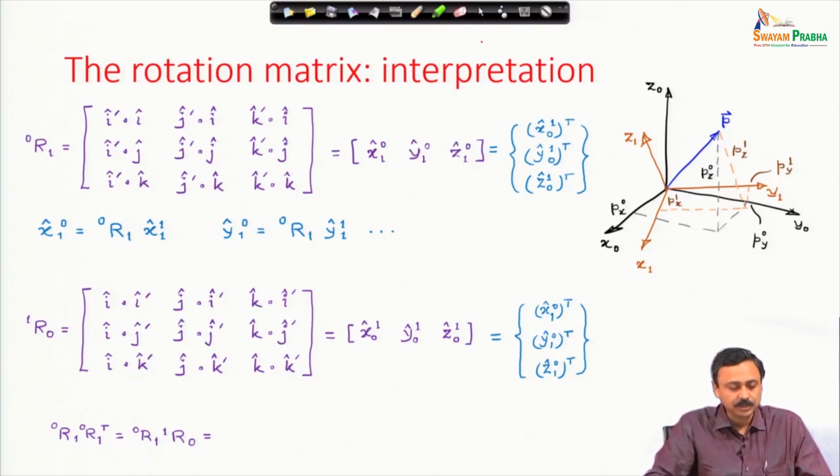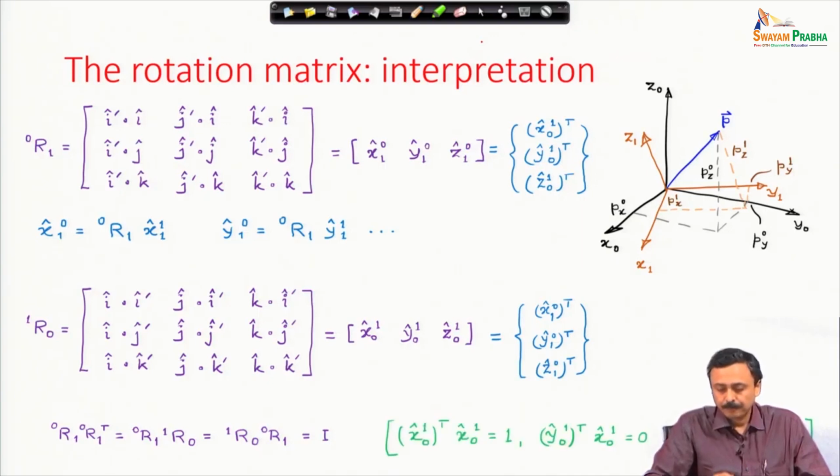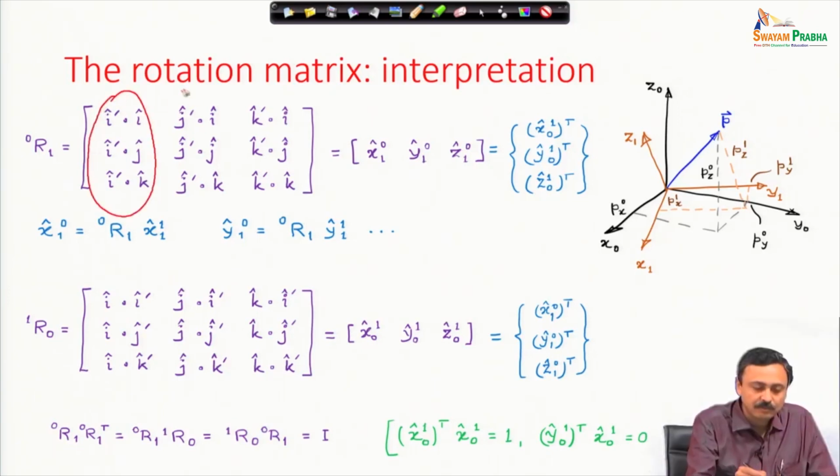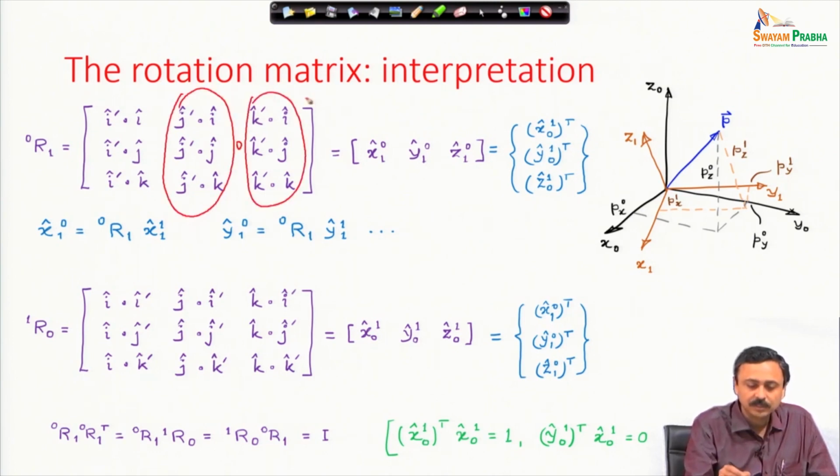and of course, this orthonormality property holds, and basically orthonormality would mean that the dot product of this column with this column is 0. Similarly, the dot product of this column with this column is 0.